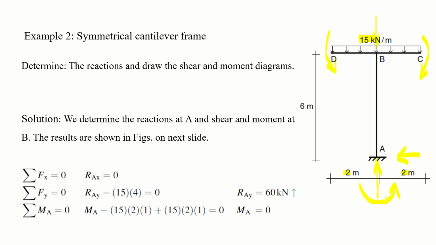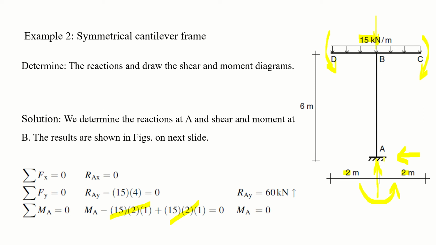So MA minus 15 into 2, which is this one, into 1. So this is one bending moment plus this bending moment, 15 into 2 into 1. So this bending moment will cancel out the effect of this bending moment, and as a result there will be no bending moment resisted by this support A. Okay.